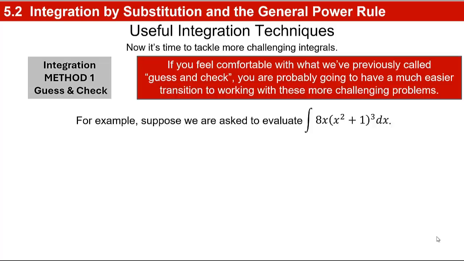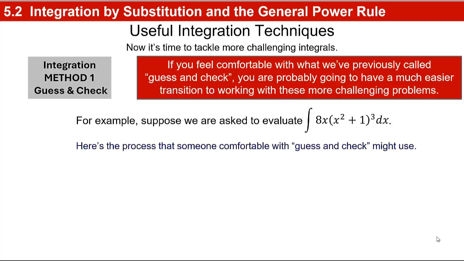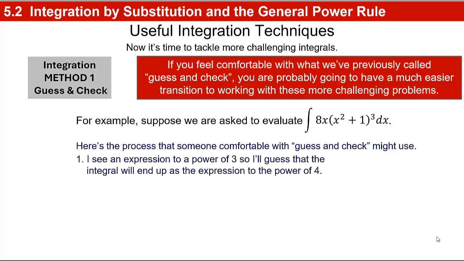Suppose I want to evaluate this integral, whose integrand is 8x times the quantity x squared plus 1 to the third power. I want to think about the thought process that someone would go through that might be using this method.